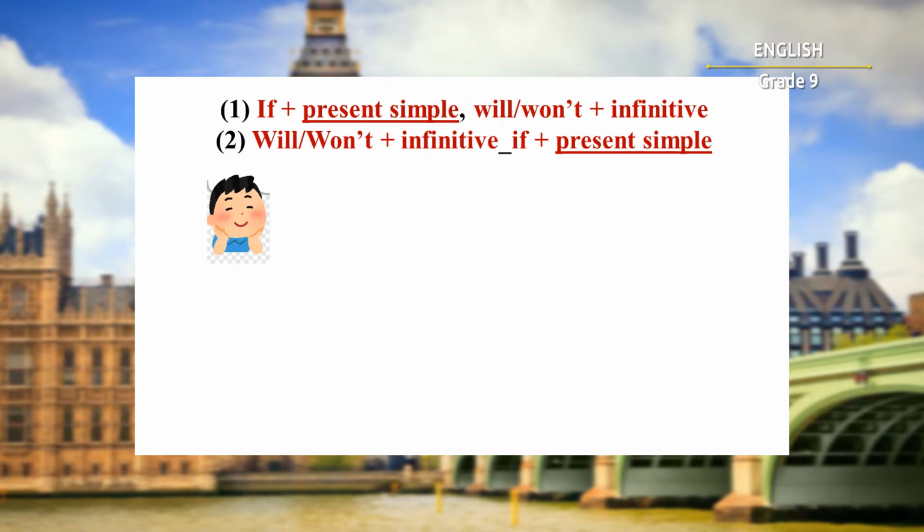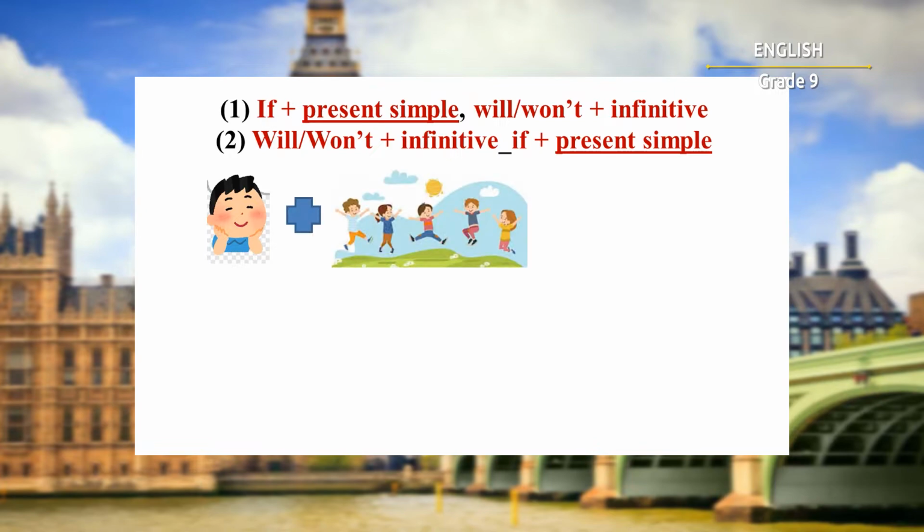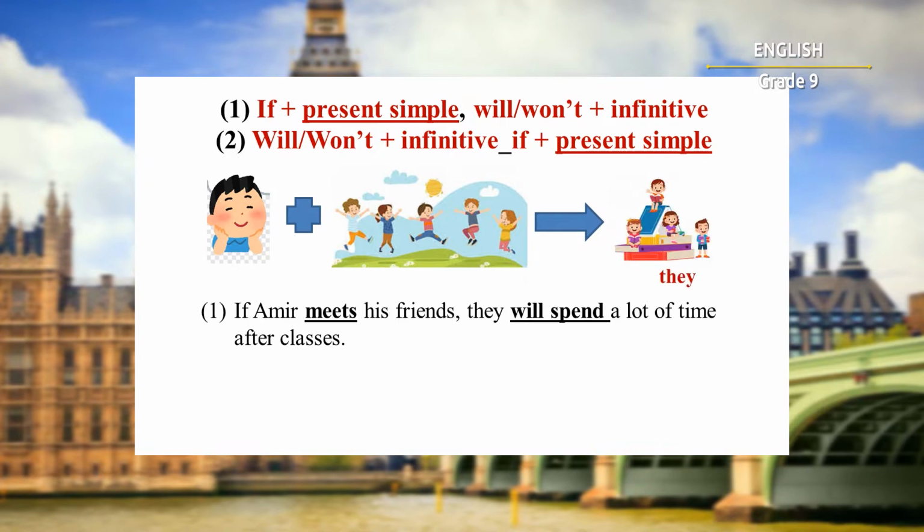Look at the pictures and make up the first conditional sentences. Using the first form, the sentence is: if Amir meets his friends, they will spend a lot of time after classes.